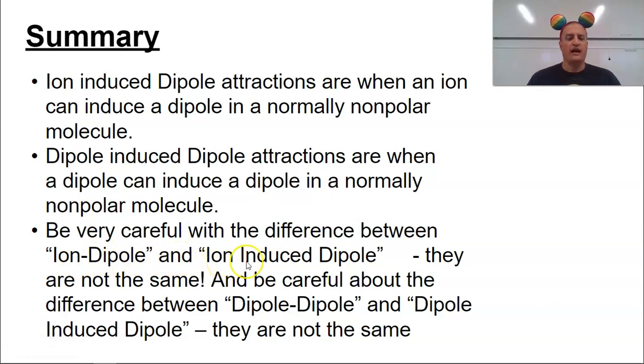As opposed to ion dipole, which is like ions dissolved in water, this one is when we just have an ion floating around near a nonpolar molecule. Inducing infers the fact that it was nonpolar before. Inducing just means to generate, to make, to start. So it wasn't polar before, because these are not the same.